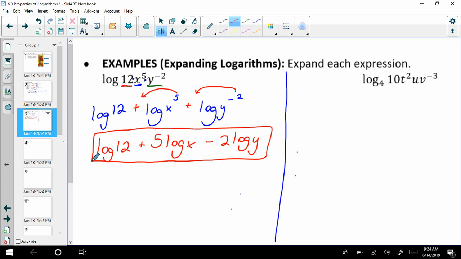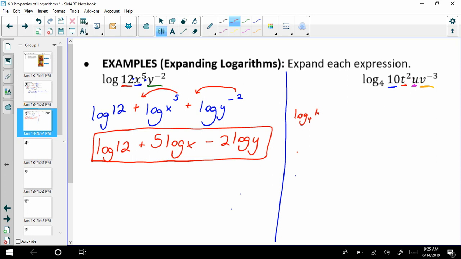So my first question would be, how many logs is this going to expand into? Well, let's see. We have a 10. We have a t squared. We have a u. And we have a v to the negative 3. So it looks like there's going to be 4 of them. And when you break them apart, each of these logs will have a base 4.